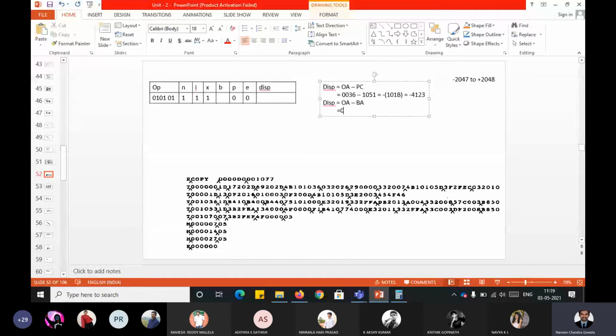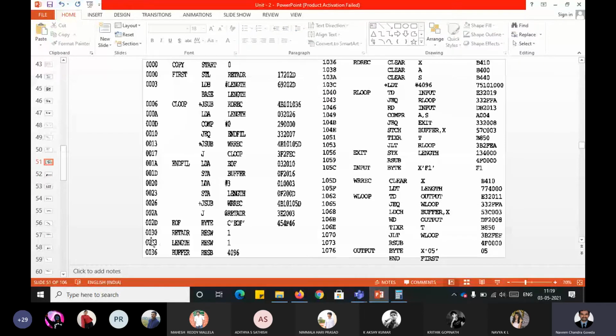If you see in the program, my dear students, in this instruction you are loading the length into the base register, so the address of length is stored in the base register. What is the address of length? It is 0033. So the base register has 0033. Students, are you understanding this point?